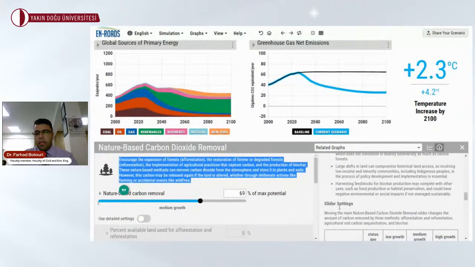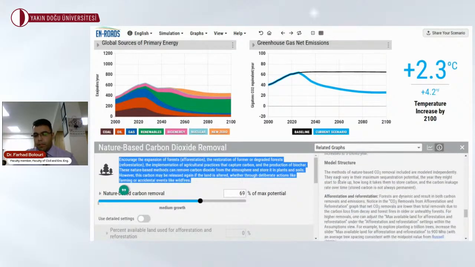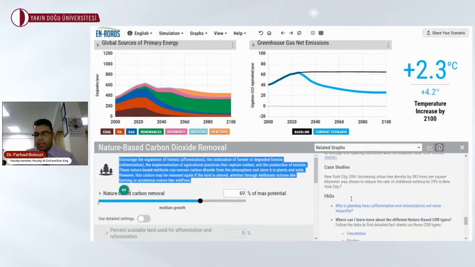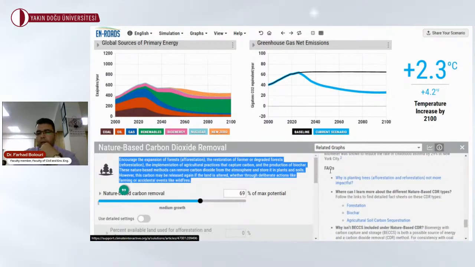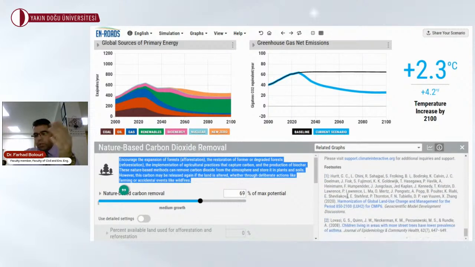You have slider settings here, and you can change them. You have the message here, the model structure they talked about, and afforestation and reforestation related to it. They also have case studies, for example New York City, USA, how many trees they have and what percent they can increase it, plus future questions and answers, and footnotes and everything.